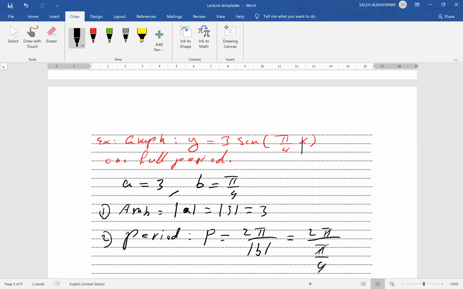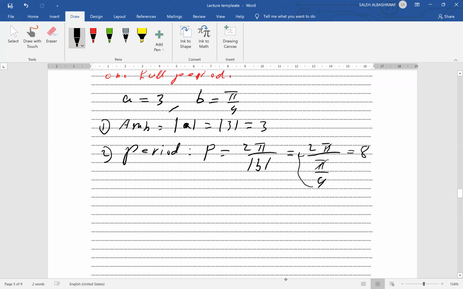So this pi will cancel with this pi, and 4 will multiply by 2, I will have 8. So the period is equal to 8. Now let's find delta. Delta is the period divided by 4, which is 8 over 4. It will be 2.